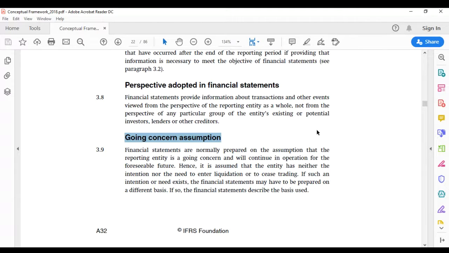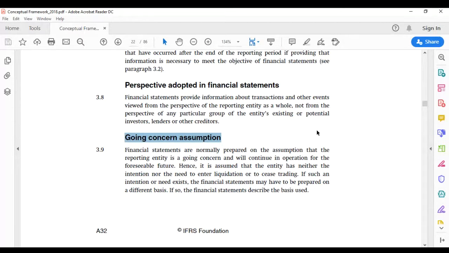The fact is, the going concern assumption provides us with the basis on which we are going to measure our financial statements. So it all has to do with measurement. So if we regard it as a going concern, it means that the financial statements are drawn up on the going concern basis. That in turn means we regard that the company will continue trading into the future as it has in the past.